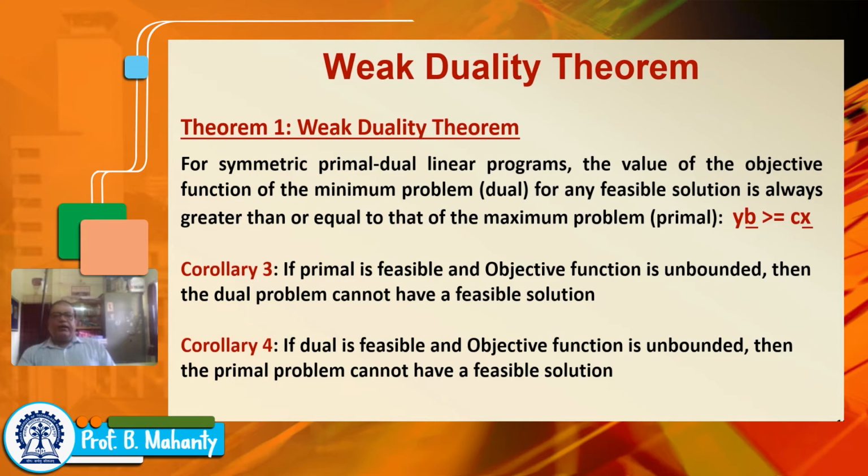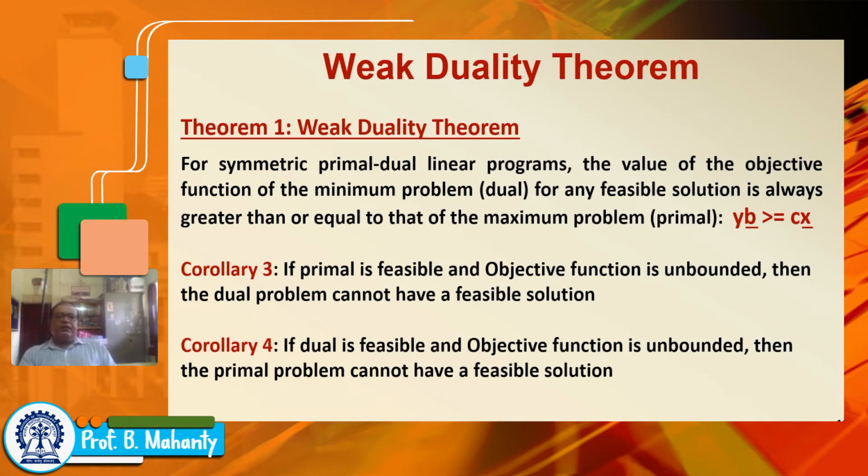By the same coin, if the dual is feasible and the objective function is unbounded, which is the minimization problem, then similarly the primal problem cannot have a feasible solution. So it is very important that the objective function should be bounded. So that's what we studied, the weak duality theorem. Once again, I'm reading it.